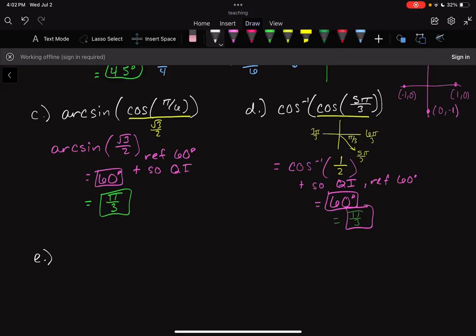Just going to pick a random one. Oh, that looks like what we've done. Yeah, they all pretty much look like what we've done. So I feel pretty good about it.